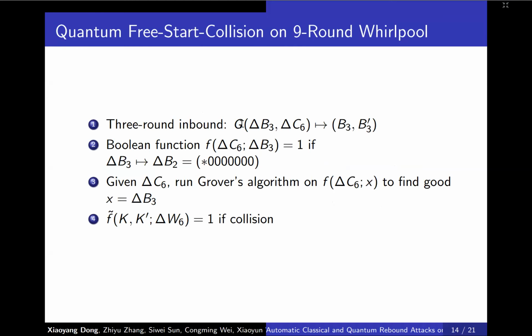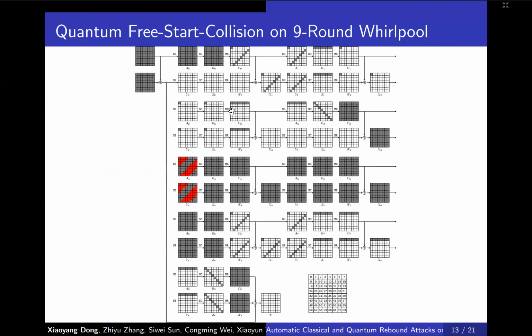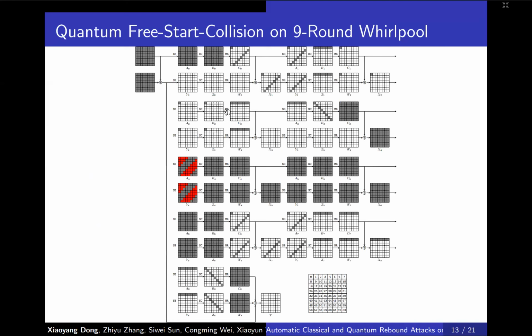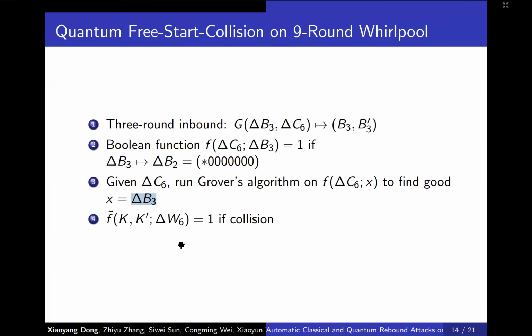The first function is G, which solves the 3-round inbound phase, and a Boolean function F identifies a good differential pair that satisfies the key trail. So we run Grover's algorithm on F to find a good pair satisfying the trail.